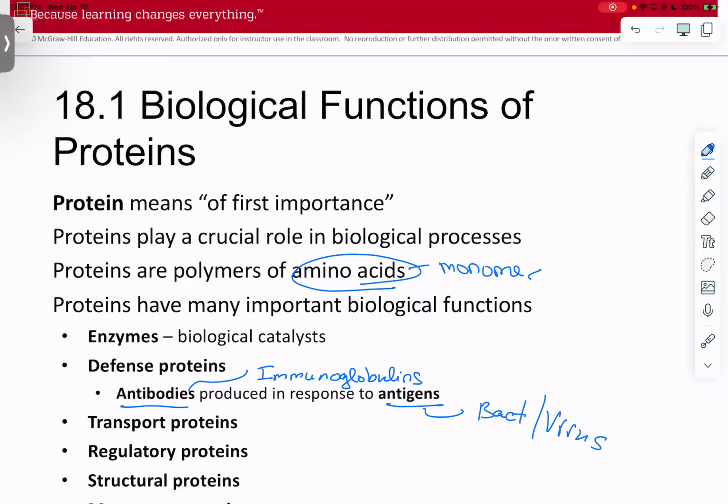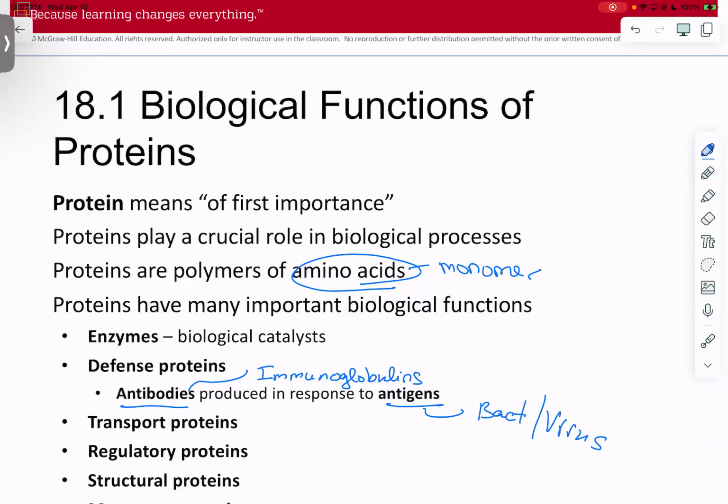We have transport proteins. We have to make sure that we maintain a separation between the external environment and the internal environment of our cells. So we have to have transport proteins that will allow us to import and export things across that membrane. That's why we call it a semi-permeable membrane, because there are some things that will be transported in and out.